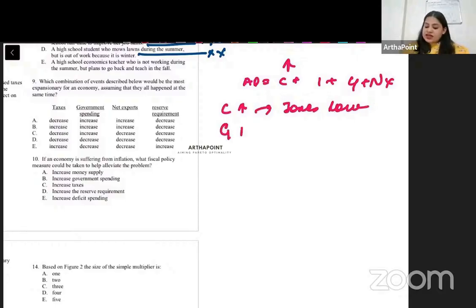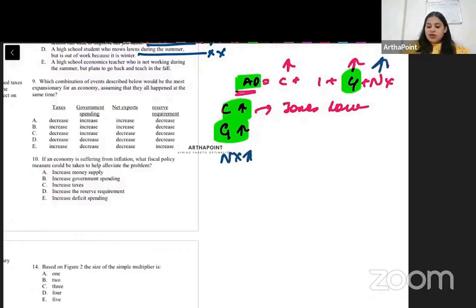I can increase AD when G increases. So G should increase. Then beta, I can increase AD if NX increases. So if I look at these three options, the correct option to question 9 should be A.